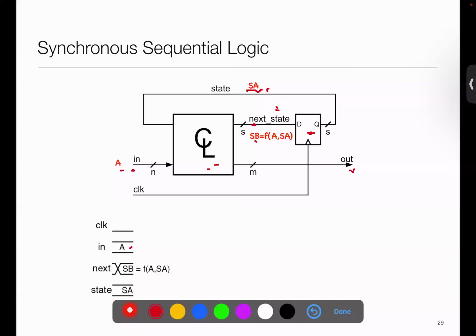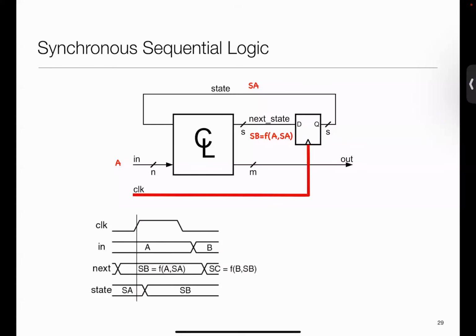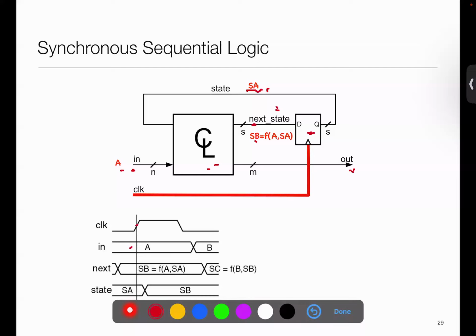Now, I'm going to ignore the out, but you can say out is some G of A comma SA. Then the clock tick will come at some point, right? And at that clock tick, SB gets stored into the flip-flops.